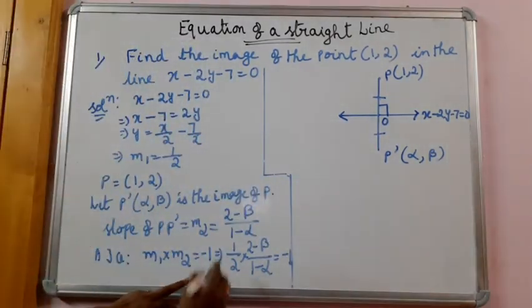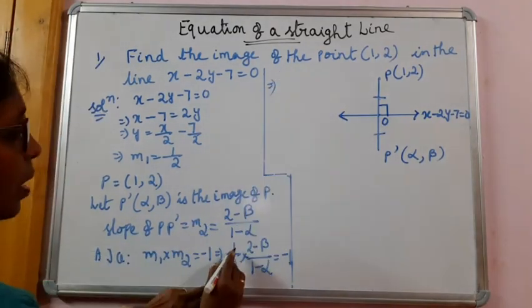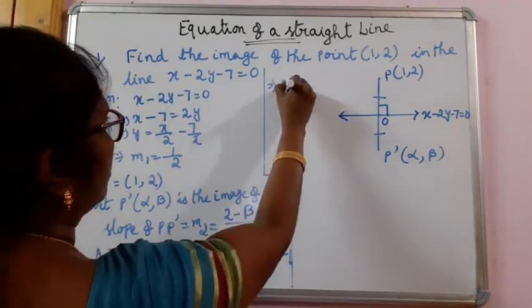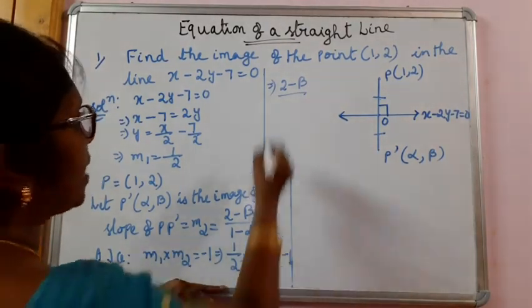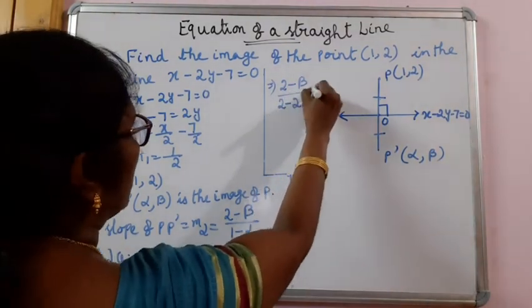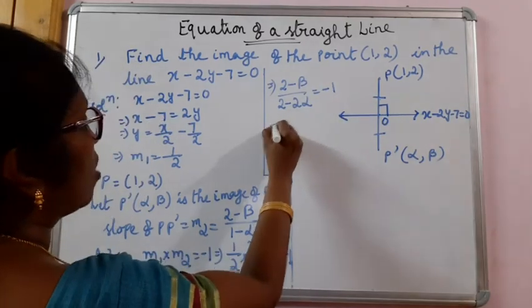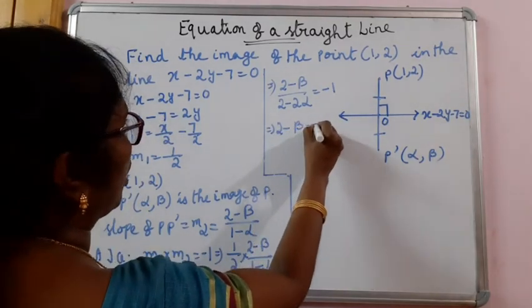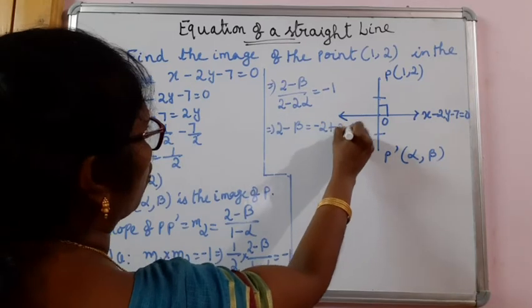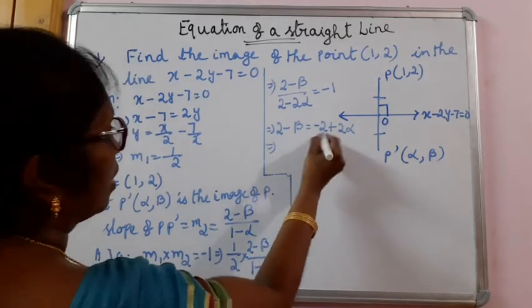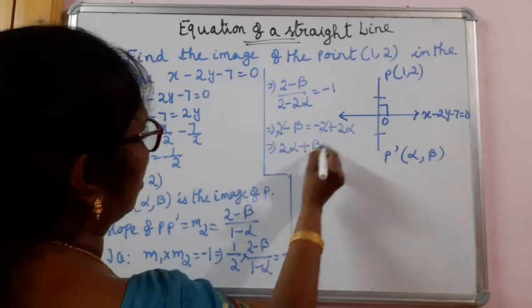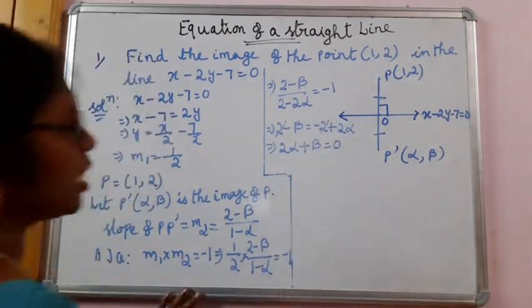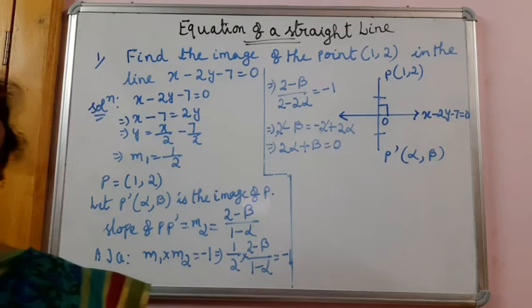Let me simplify. (2 minus beta) by 2 into (1 minus alpha) is minus 1, so 2 minus beta equal to minus 2 plus 2 alpha.